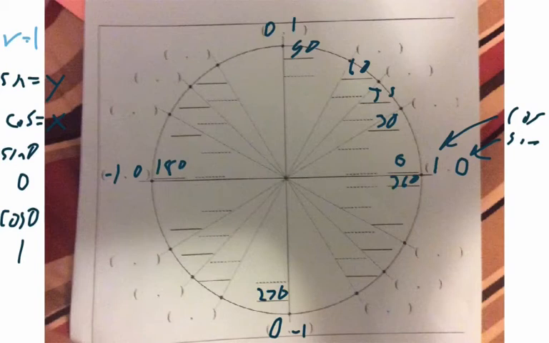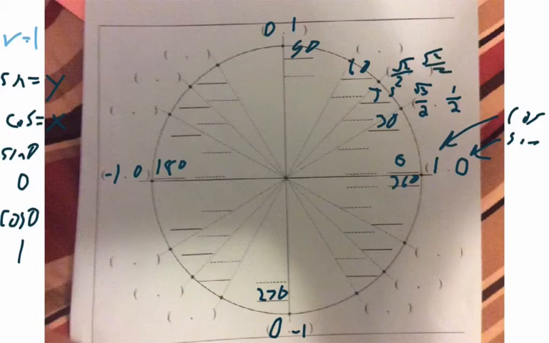since the cosine is the x value, that's going to be the square root of 3 over 2, and the y value, which is the sine, is going to be 1/2. And then this one is going to be the square root of 2 over 2 and the square root of 2 over 2.